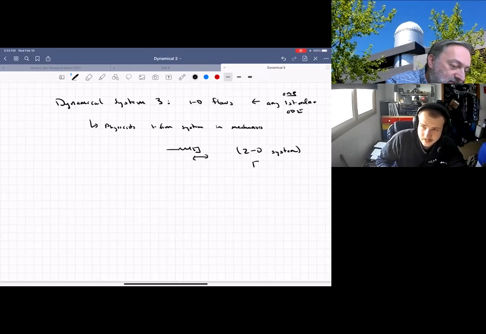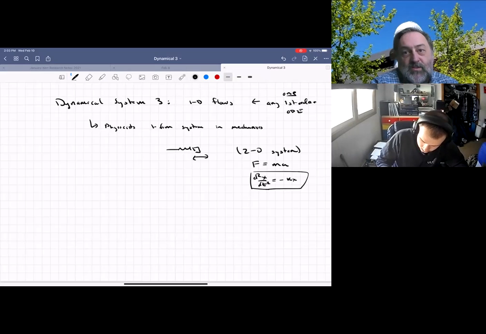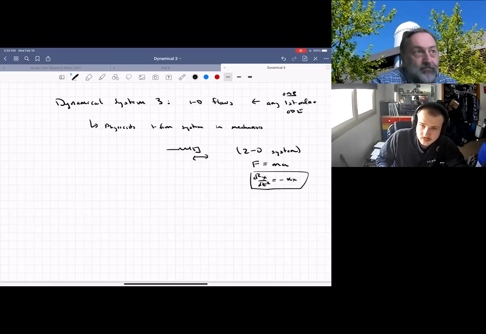Because you got time. Well, no, because it's F equals ma. So the second derivative of x with respect to t is minus kx. So because it's a second derivative problem, it's actually a 2D system as far as a mathematical system is concerned.